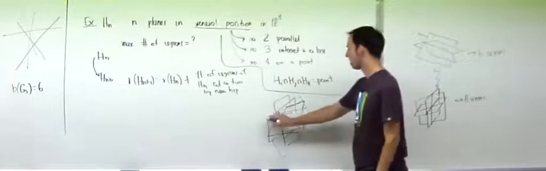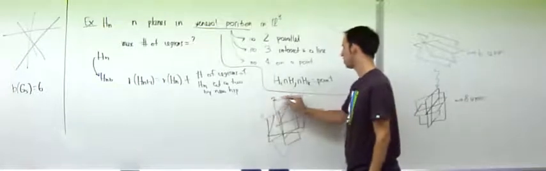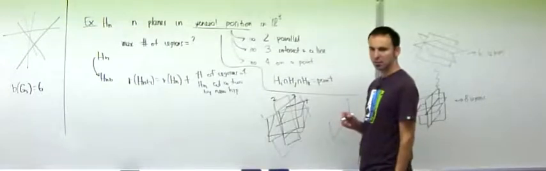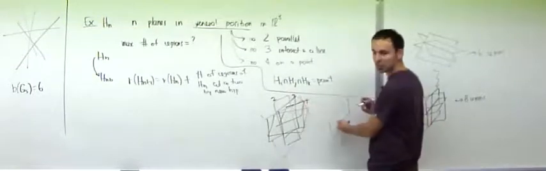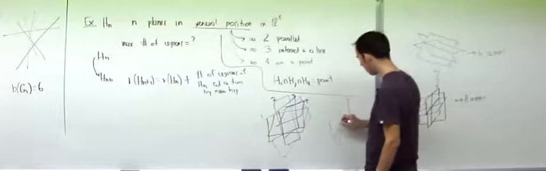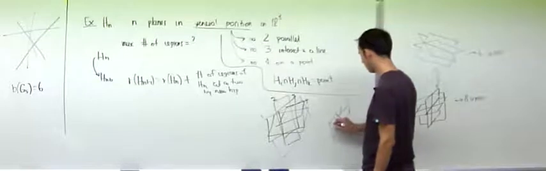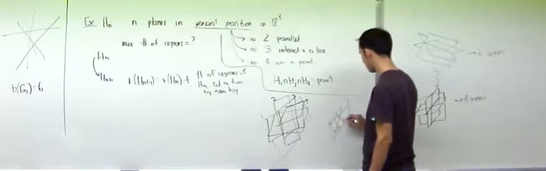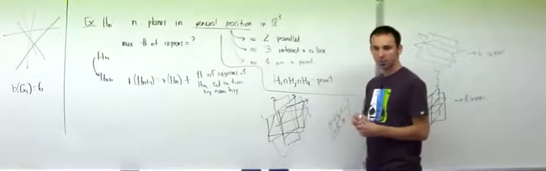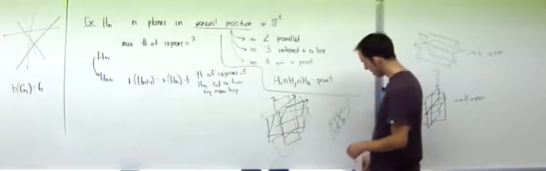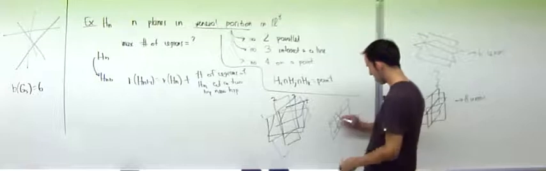So, if here I had 1, 2, 3, and 4 black planes, then each one of those planes is going to intersect this blue plane in a line, right? 1, 2, 3, and 4.